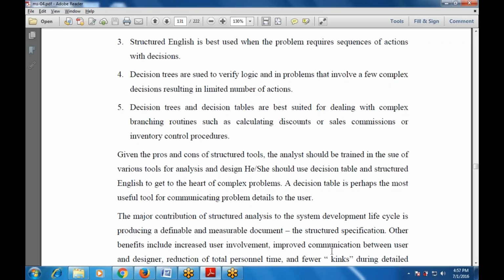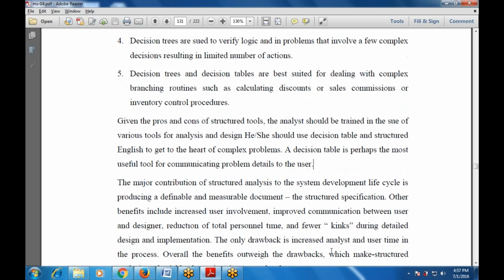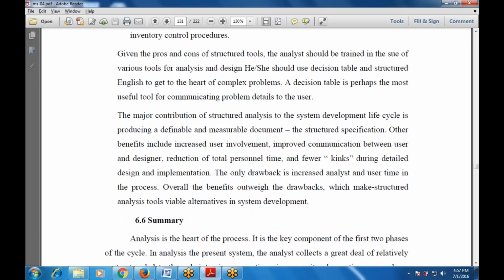The major contribution of structured analysis is producing a definable and measurable document, that is the SRS. Other benefits include detailed explanation and design. But the major limitation is the increased user time and analyst time in the process.